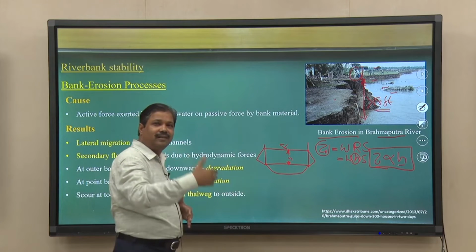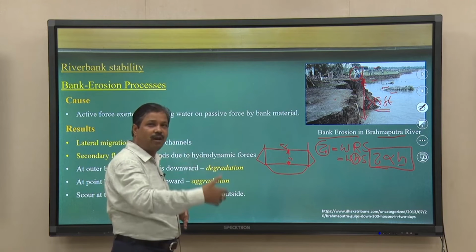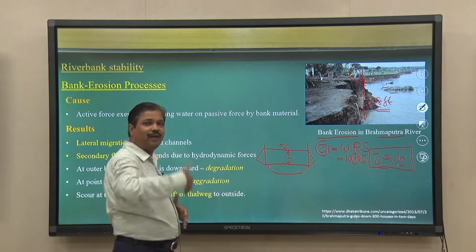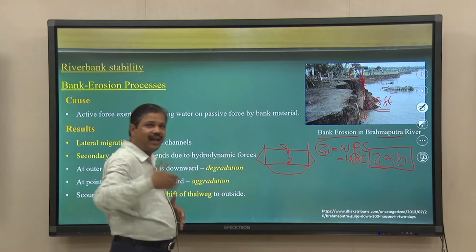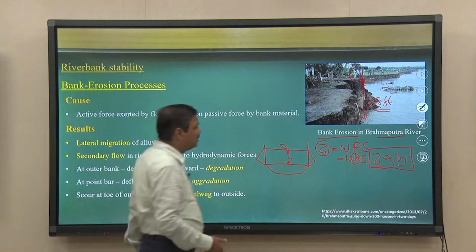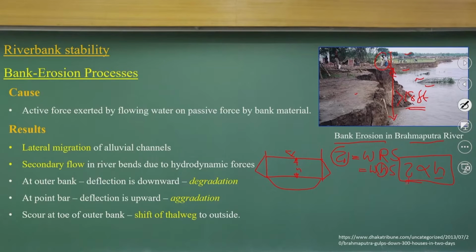As a higher return period flood comes, there is more likely to be more shear stress, more applied force per unit area, and that will try to erode the bed material as well as the bank material.